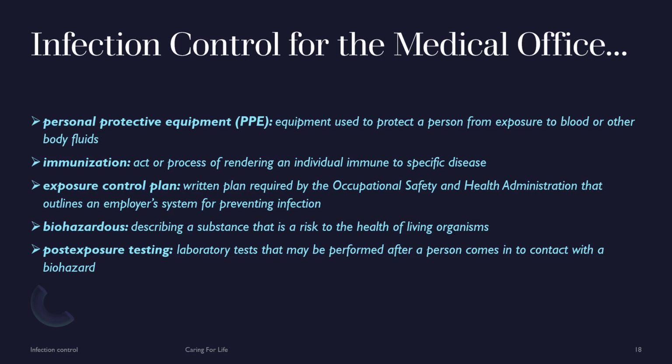Biohazardous describes a substance that is a risk to the health of living organisms. Usually these are blood and body fluids. And then post-exposure testing, these are lab tests that might be performed after a person comes in contact with a biohazard. That might be required based on your exposure control plan.